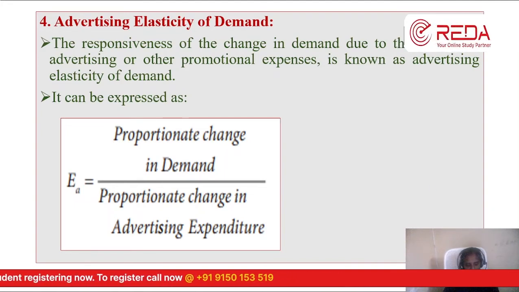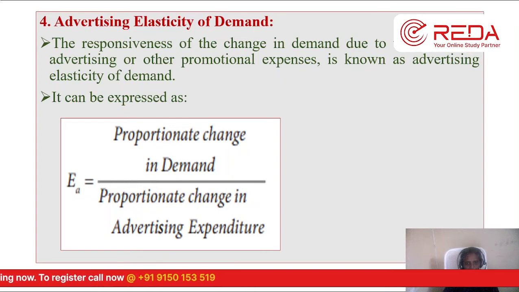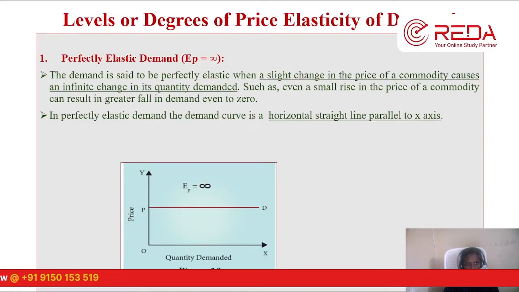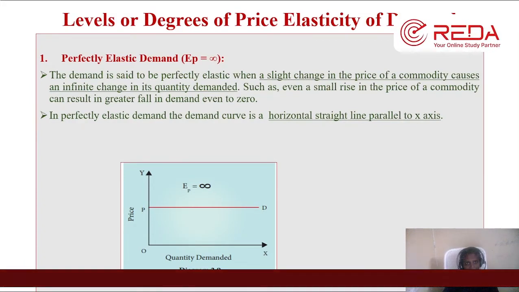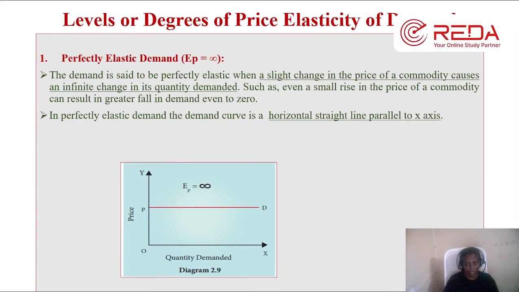So these are all the four types of elasticity of demand. Now the first one is price elasticity of demand, which we have seen. The proportionate change in the price of the commodity leads to proportionate changes in the quantity demanded.